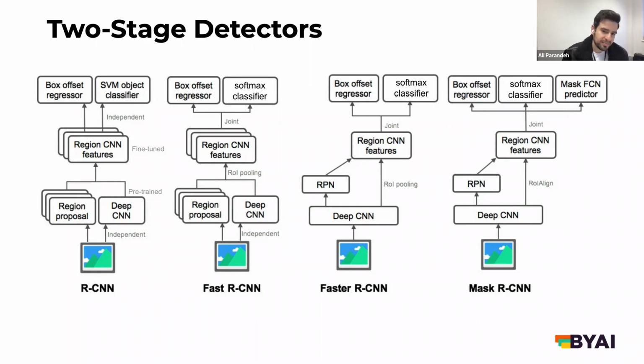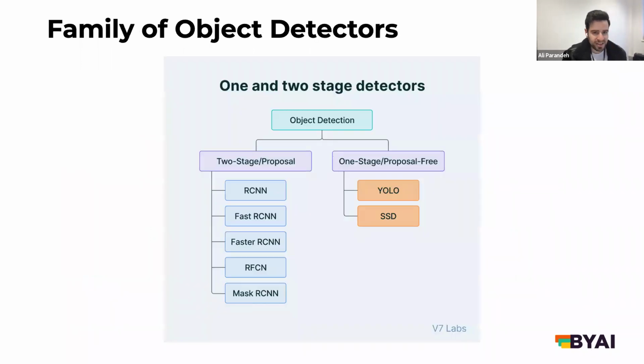Then over time, the same person and other people started improving on those architectures and methodologies until they reached Mask RCNNs. And then later on, someone like PJ Reddie came and said, you know what, I think we can do way better than that. We can do the whole thing without having two stages in the process. We can just do the whole thing in one stage. And that's where YOLO models were born.